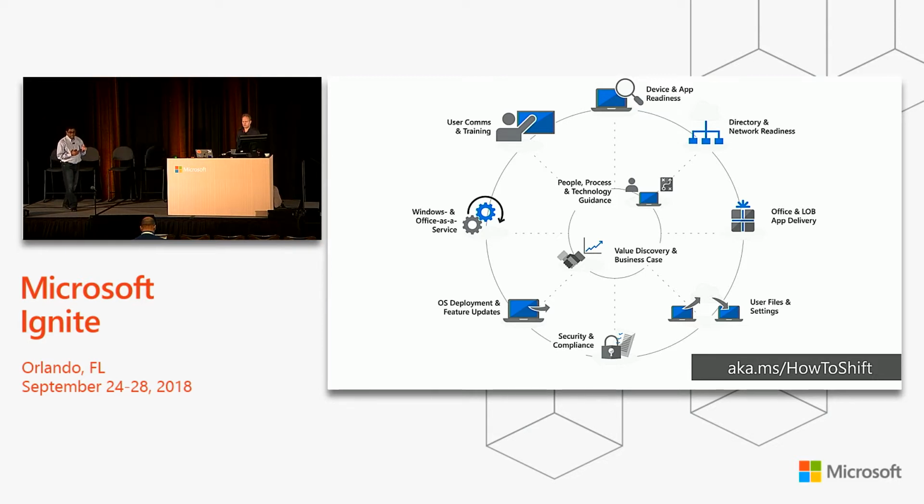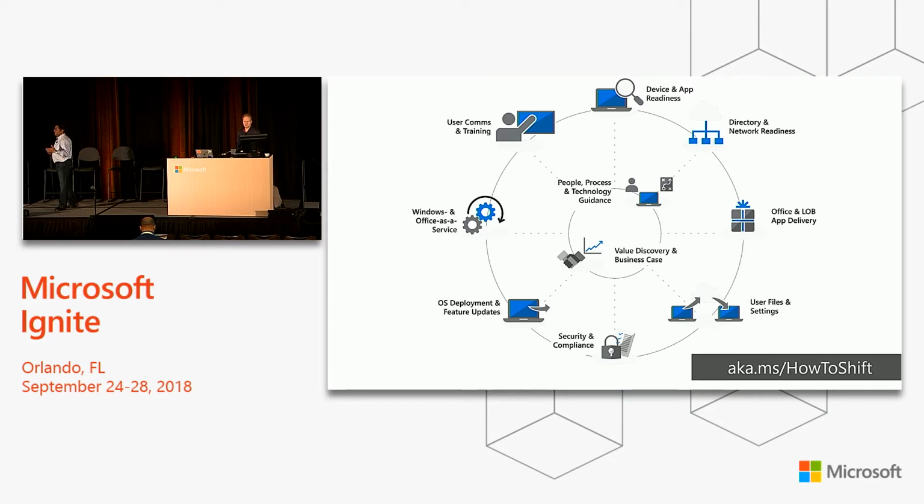So you can look at your app and device readiness, which is where we talked about the Office Readiness Toolkit and desktop analytics. You can look at your directory and network readiness if you're deploying it over the air, especially Office and LOB app delivery. How do you want to get this? How do you want to change your user and file settings? How do you want to deploy your environment?